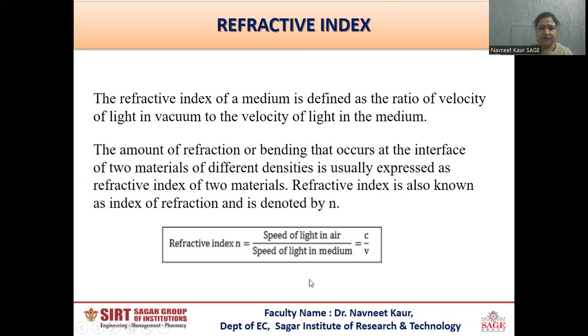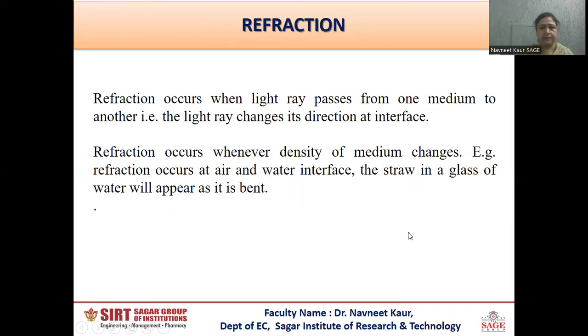Now, the amount of refraction or bending that occurs at the interface of two materials of different refractive indexes is usually expressed as the ratio of the refractive indices. Refractive index is also known as index of refraction, and it is generally denoted by N. Refraction occurs when the light ray passes from one medium to another.